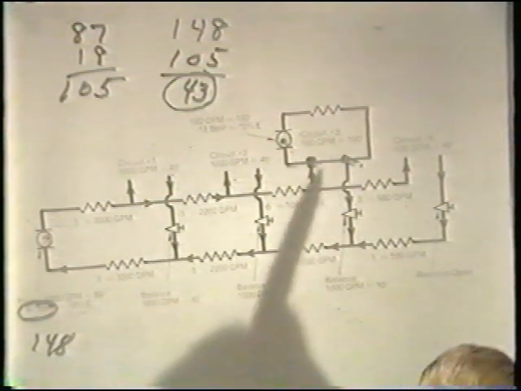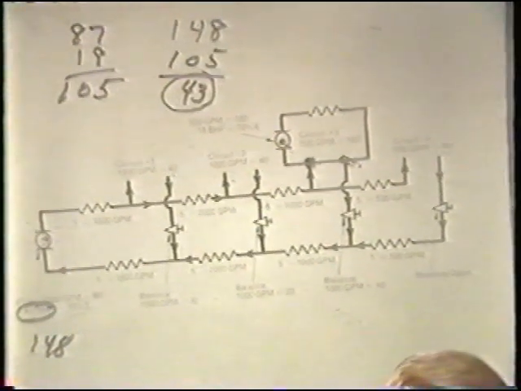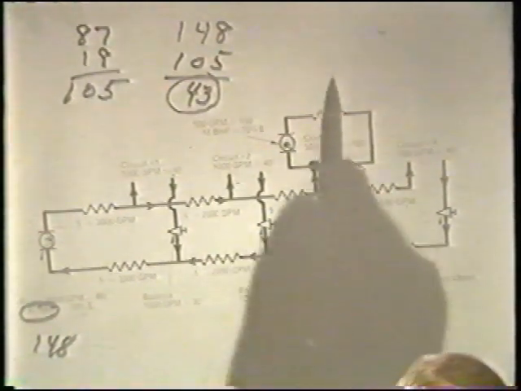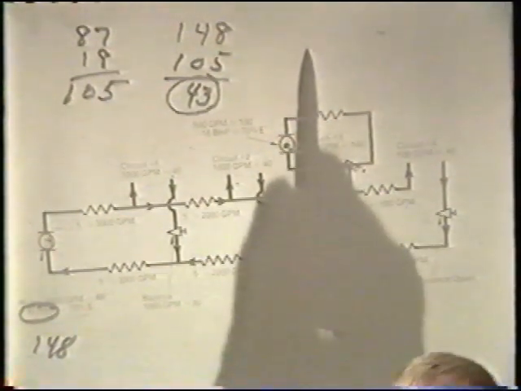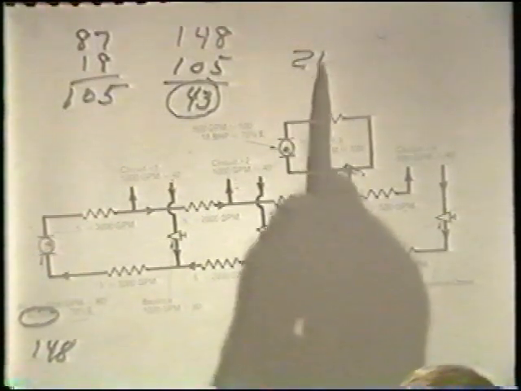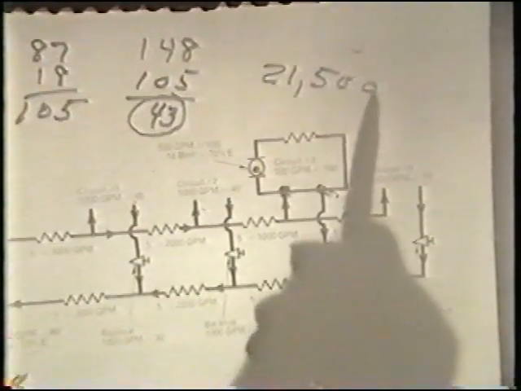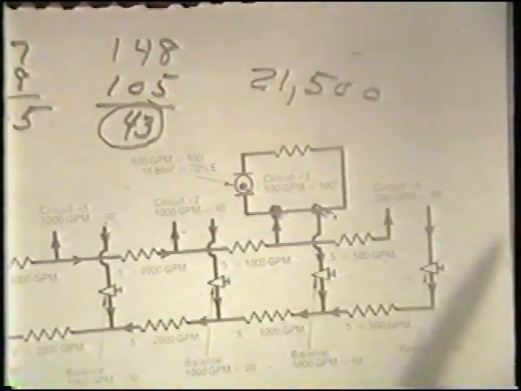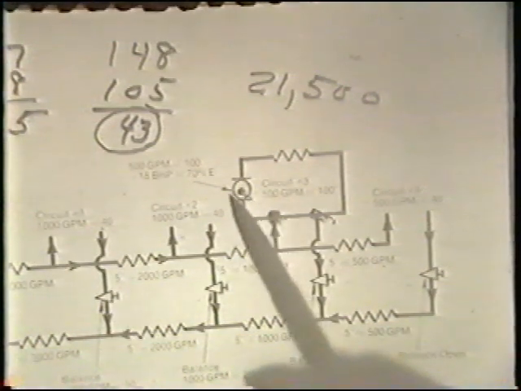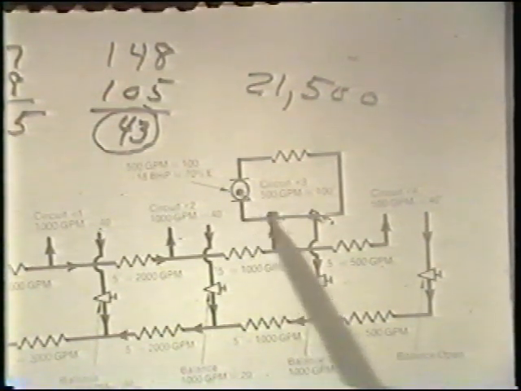Now, at $500 per horsepower per year, if the system ran during the entire year, we would be saving $21,500 per year by simple installation of the pump in the secondary circuit.